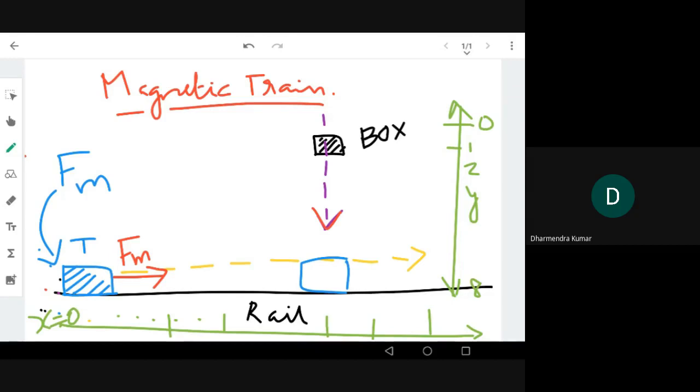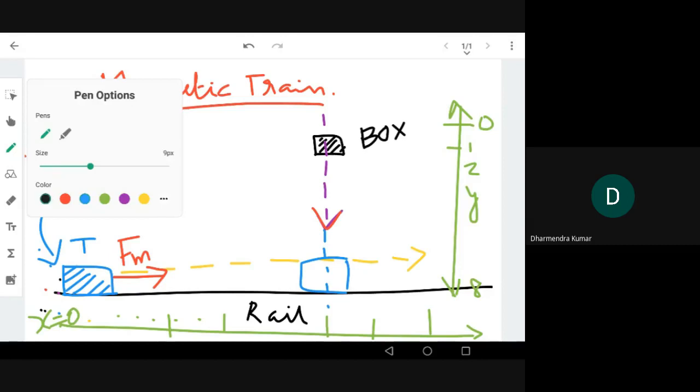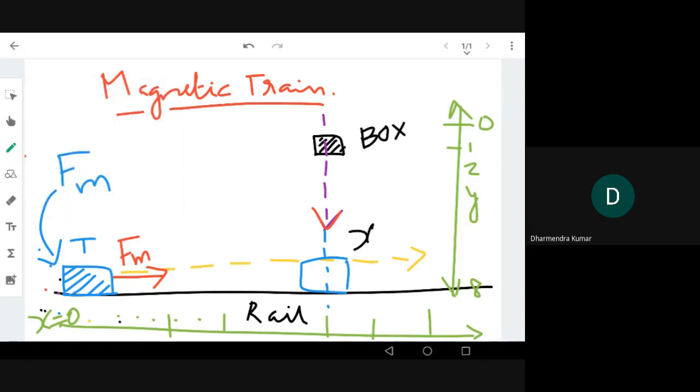Your control system has to be designed to manipulate Fm so that your output is position, you need to reach a position. That means you're aiming to reach a reference position x_ref, which I call xr. You need to reach the position xr. So what is the idea?